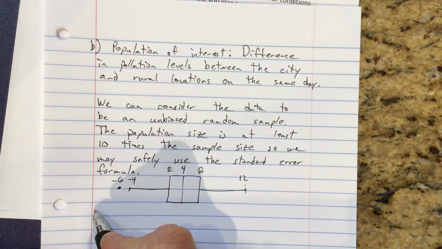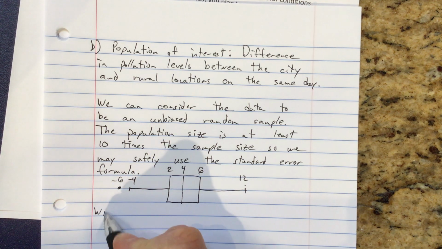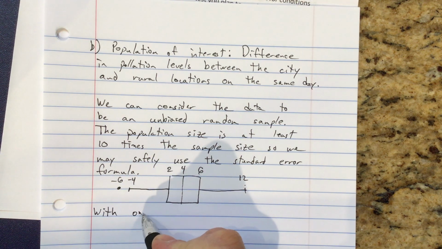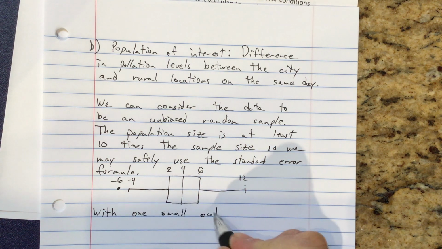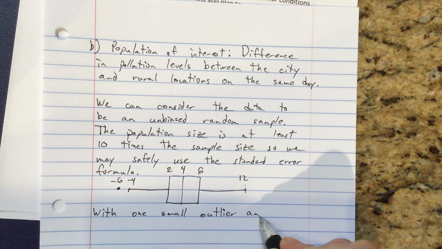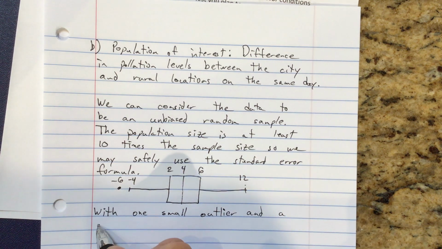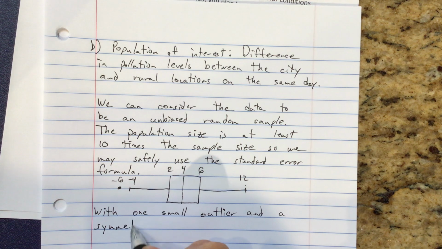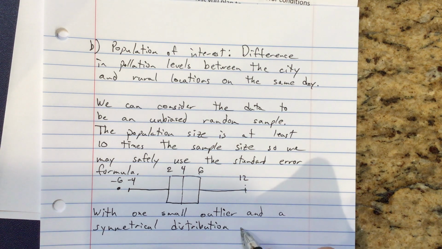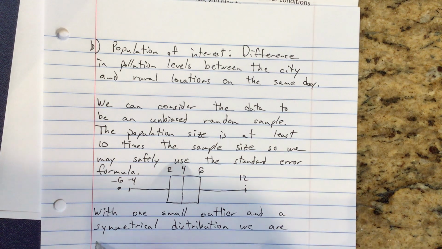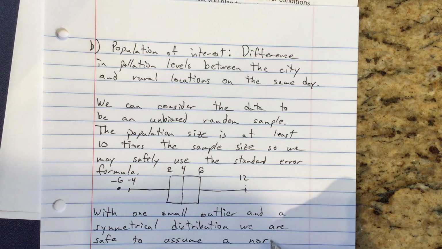Okay, with one small outlier and a symmetrical distribution, we are safe to assume a normal distribution of differences.